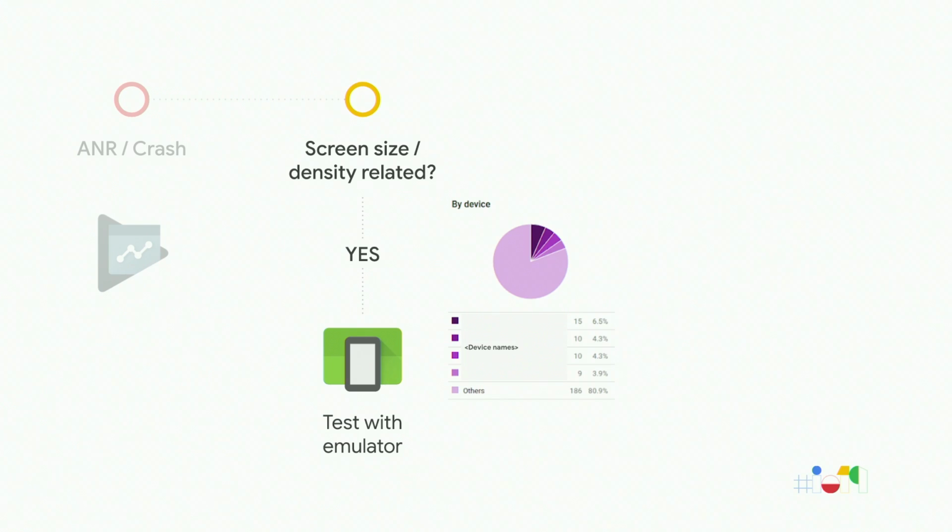And if there is, I would look up what is the screen density. Is it HDPI, or is it other different screen size or density? Once I get that, I will launch an emulator that matches that and just do a sanity test. That's usually very quick. Much, much faster than me going down to the device lab and checking a device out.